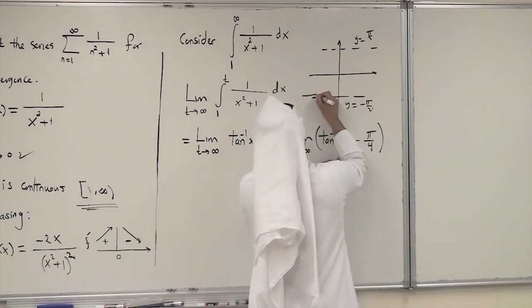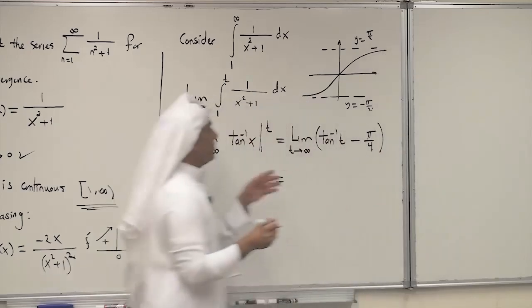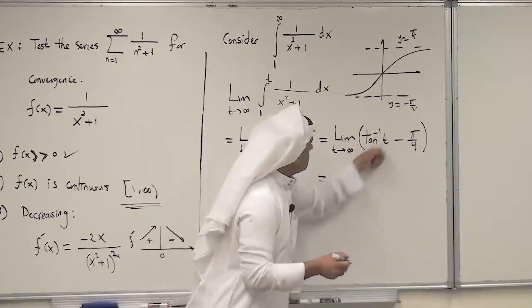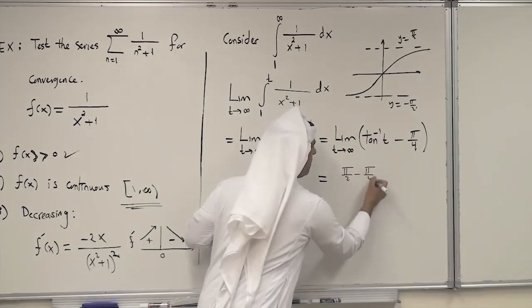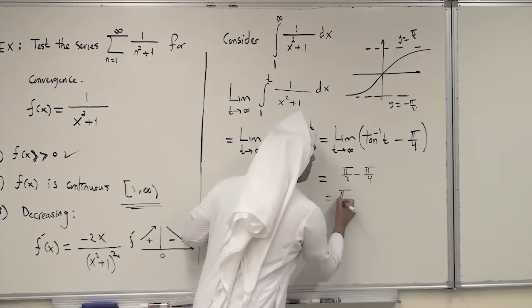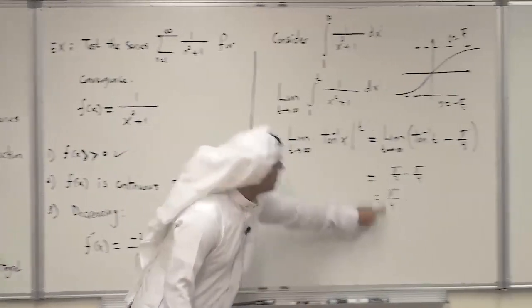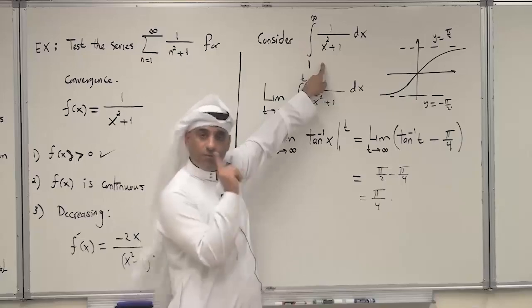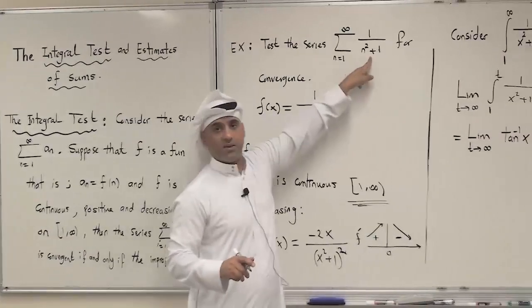And the tangent inverse is an increasing function like this. It will go to what? It will go to pi over 2. So as t goes to infinity, actually this goes to pi over 2. So this is pi over 2 minus pi over 4, and that is equal to pi over 4. Now, what is the conclusion? The limit exists. It means the integral is convergent. The integral is convergent. By the integral test, we have the series is convergent.